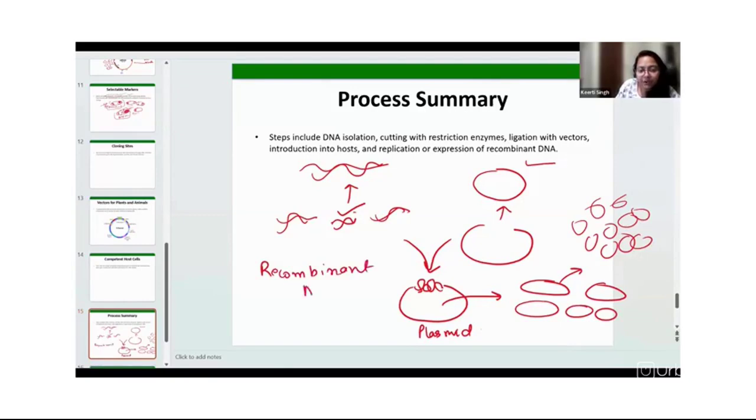This is a recombinant DNA, right? We have excluded some part of this plasmid DNA and have added our gene of interest into it. So this is what a recombinant DNA is. Recombination is taking place and a new molecule is formed.